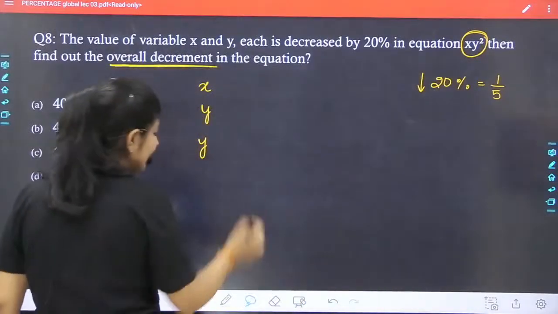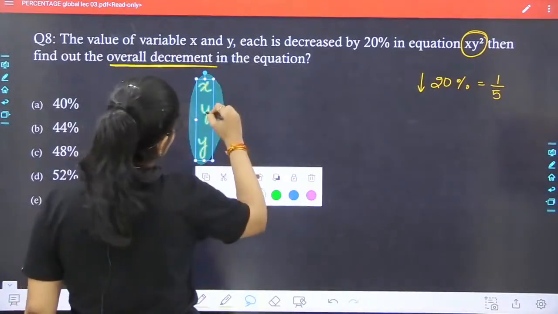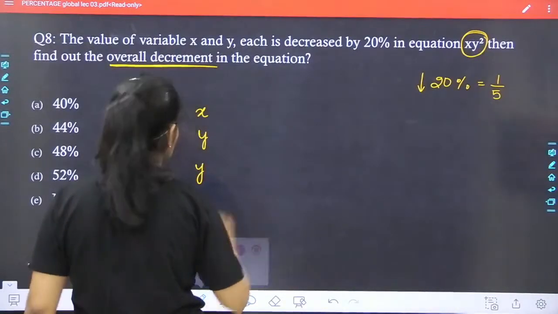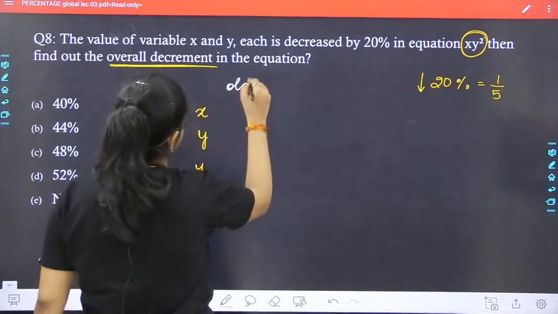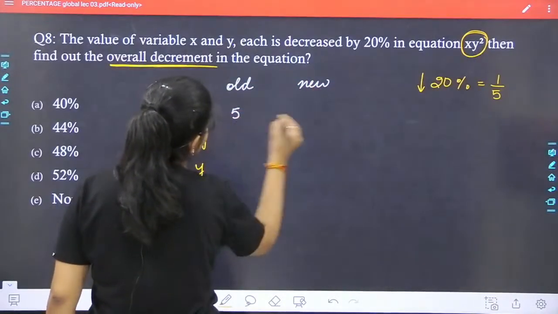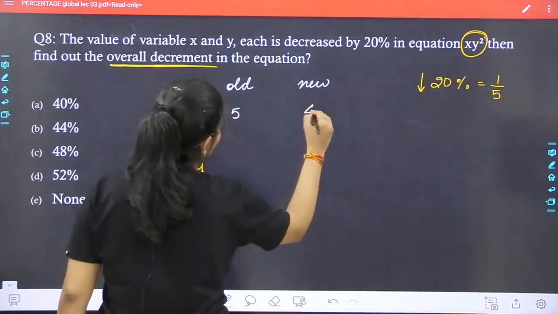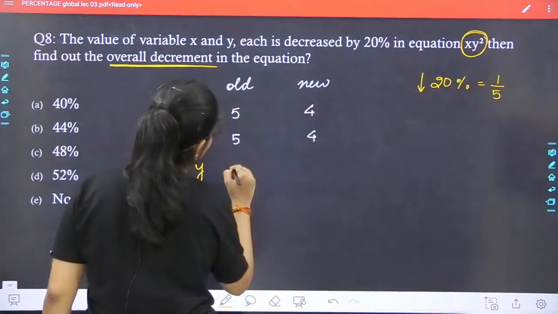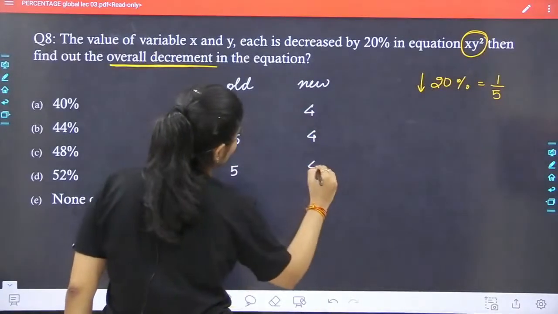So we simply write down the ratio in between the new and the old values. The value 5 will become 4 after the decrement. Similarly in y and in y square also.